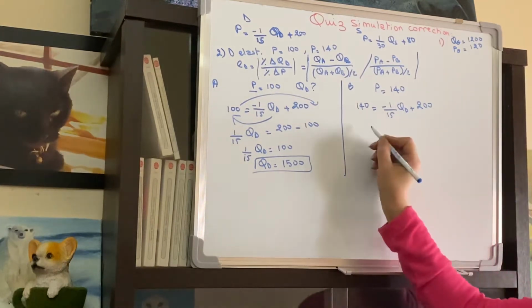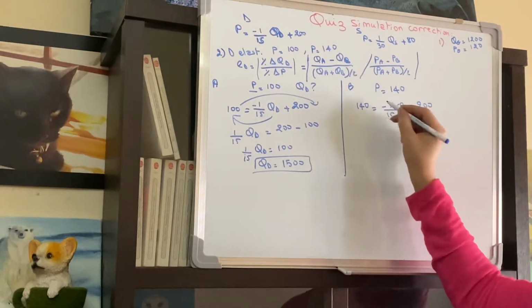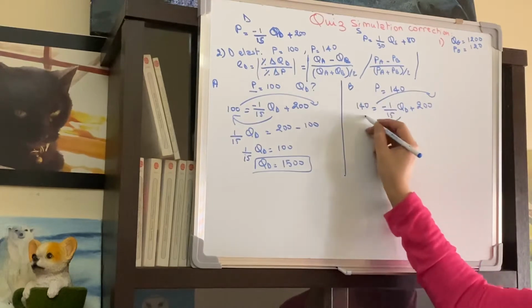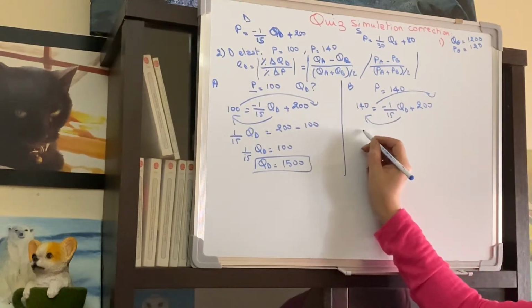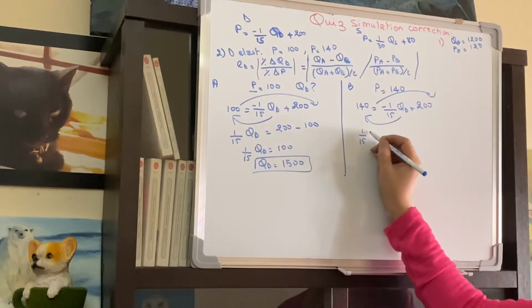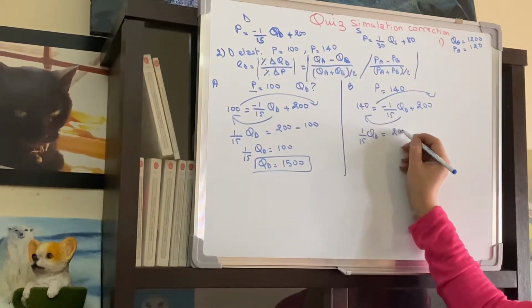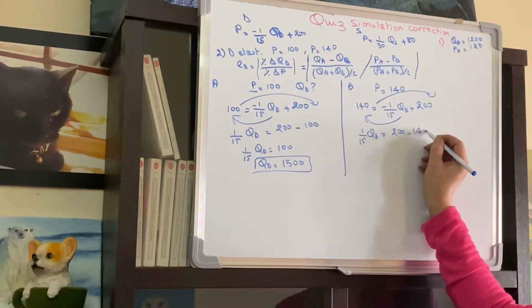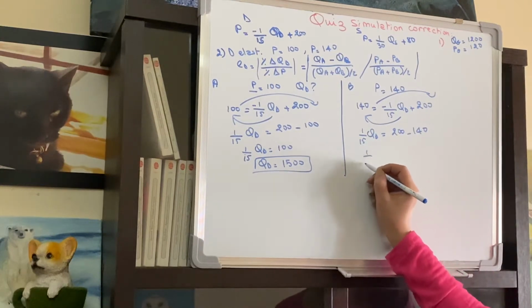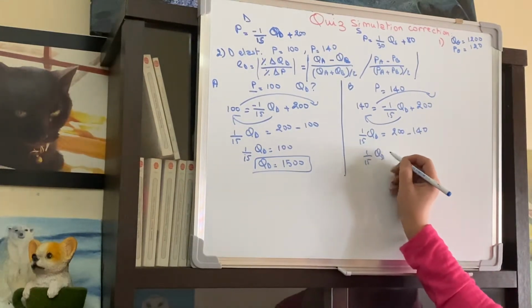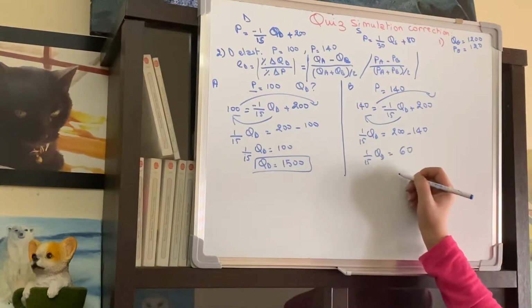Following? This time I'm going to do it the right way. So 1 over 15 QD is equal to 200 minus 140. So 1 over 15 QD is equal to 60.